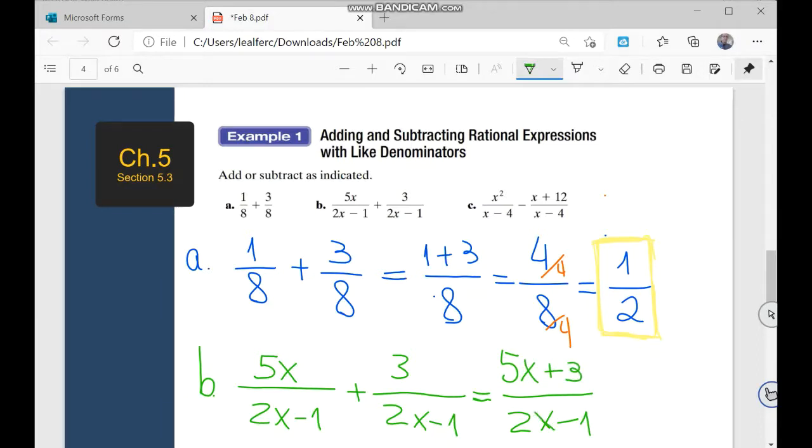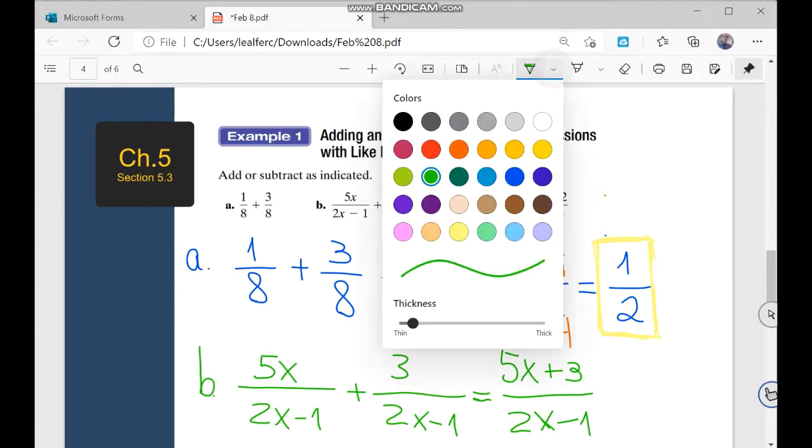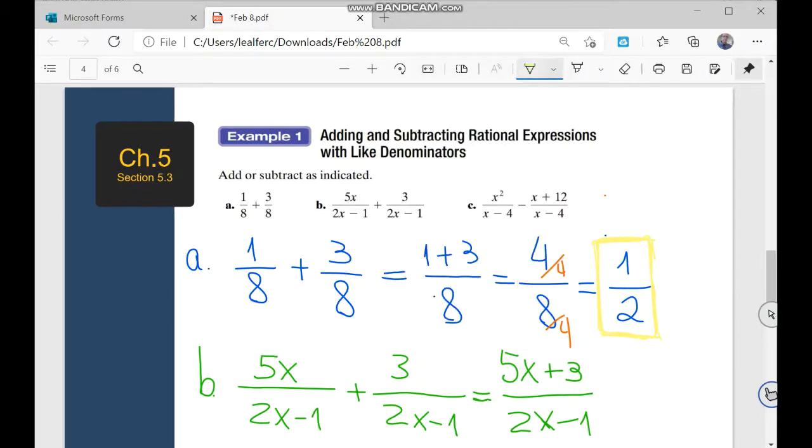Okay? 5x plus 3 over 2x minus 1. This is the answer. We cannot simplify. I cannot find any common factors, any factoring techniques that I can apply. So yes, this is the final answer, the simplest answer.